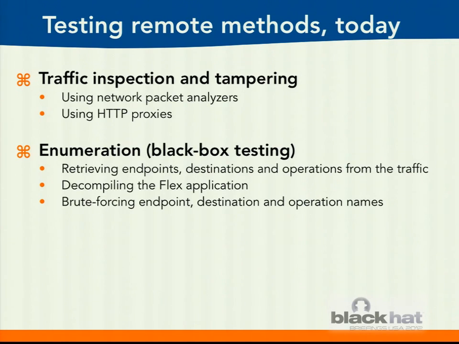Another technique is brute forcing. For BlazeDS in particular, that's quite good because, due to Java strong typing, we get from the Java exception a clear indication of whether the type we send is the one expected by the remote server or not.